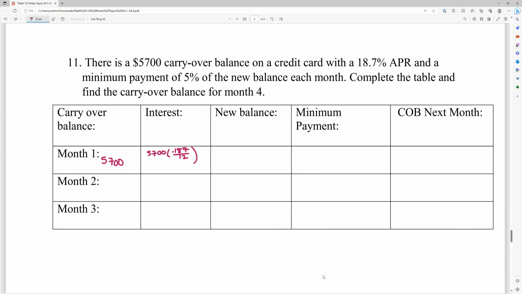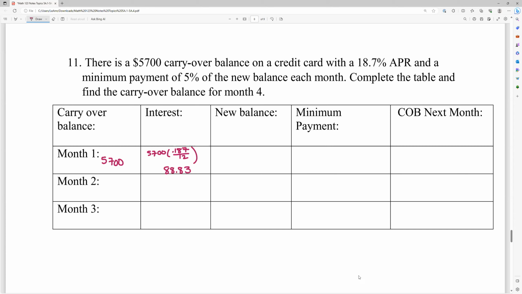So let's get our calculator out. 5,700 times 0.187 divided by 12. That's going to be rounded to the nearest hundredth, as we usually do these. It's 88.83. So that's my finance charge.